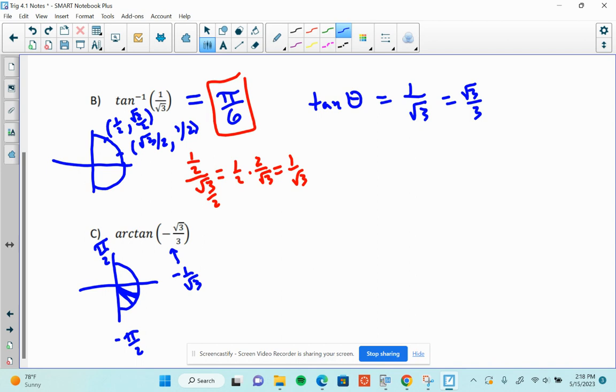It's the same one as before, it's pi over 6 again. But it's going to be negative pi over 6. So we need that same ratio, but negative this time. So this is going to equal negative pi over 6.